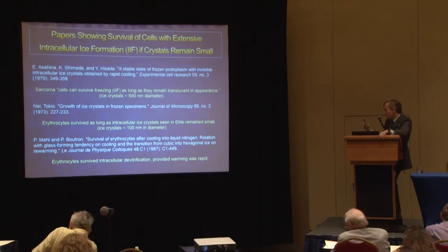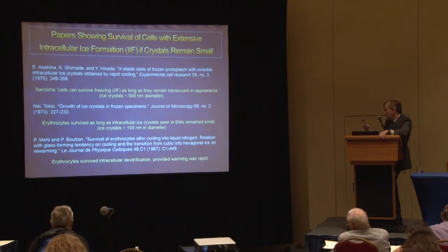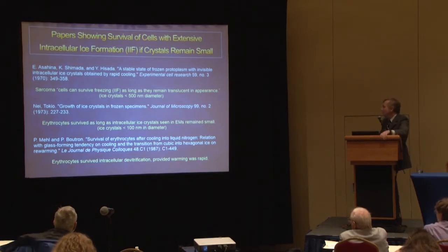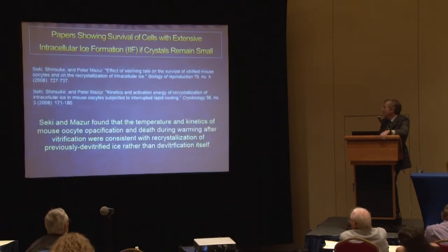And there was another one by Tsuneo Takahashi, who found the threshold was 300 nanometers for survival of intracellular ice crystals forming. And coincidentally, that is also the same size scale that makes solutions transparent. So we have this remarkable physical coincidence that the size of ice crystals that can be survived when they form intracellularly is about the same order of magnitude required for the ice to be transparent.